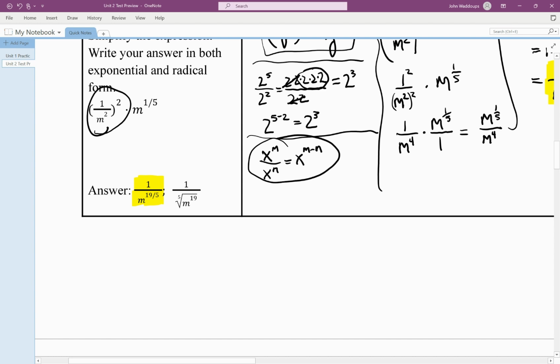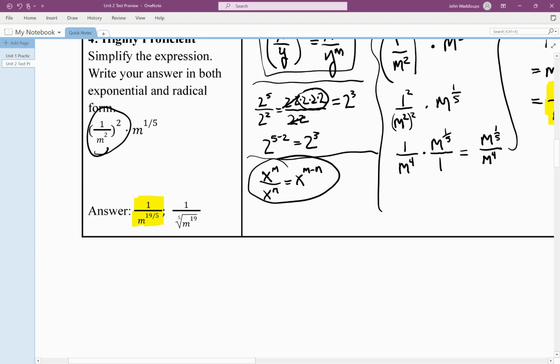But we have to now convert it. We've written it in exponential form, as a rational exponent. Now we need to write it in radical form.